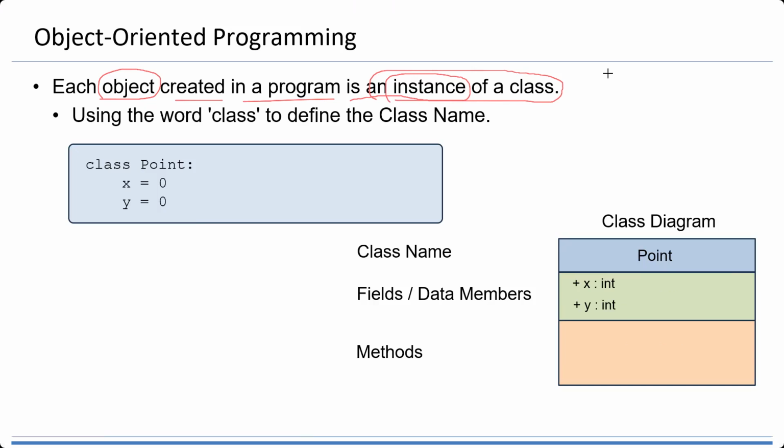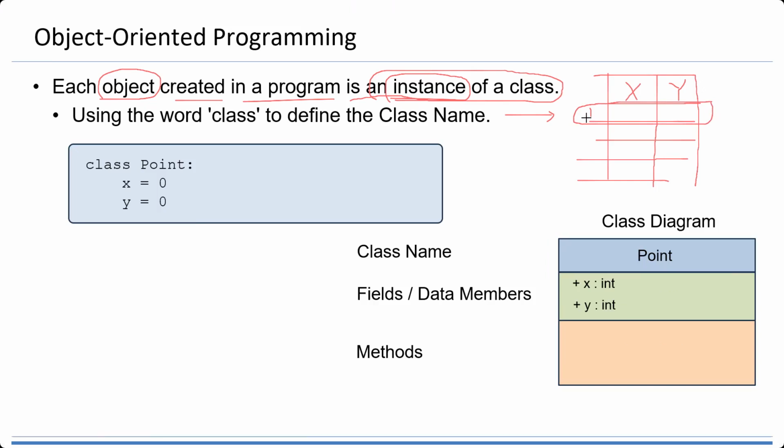When we learn about the point, we have x and y. Okay. One object, or we call it one instance. This is the instance. So one object, or this is one city, it is one instance.